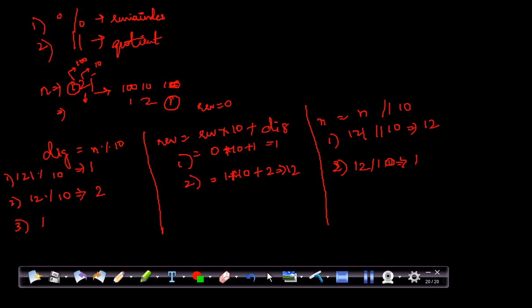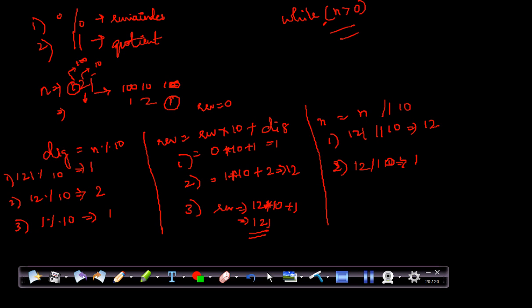Here the number is 1, so 1 mod 10 is equal to 1. In this third step, reverse is equal to 12 into 10 plus 1, which is equal to 121. So you have to write a while loop where the number is positive, and in this while loop you have to do the indentation.